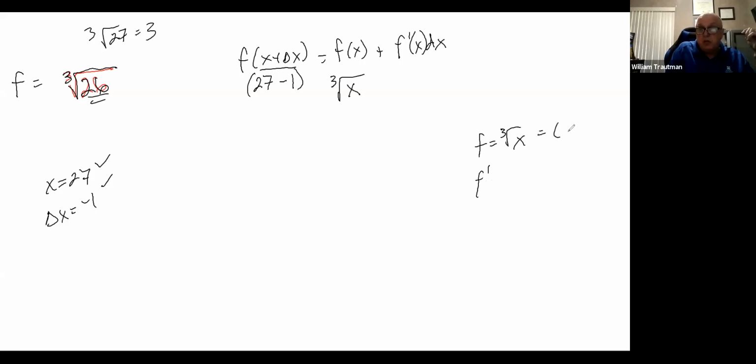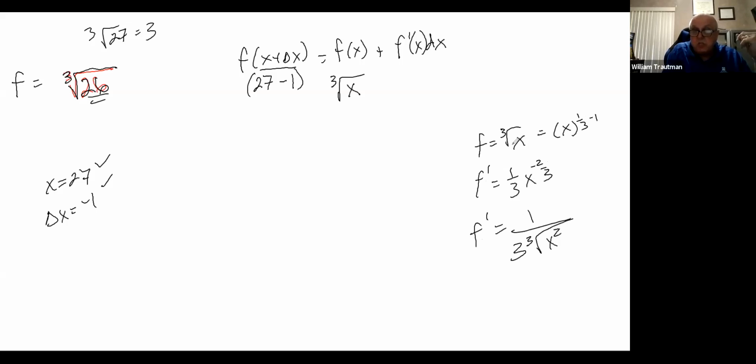Another way of writing the third root of x is x to the 1/3. And the derivative of this, bring the 1/3 in front and subtract 1. 1/3 minus 1 is -2/3. Another way of writing this is 1/3 over the third root of x squared.